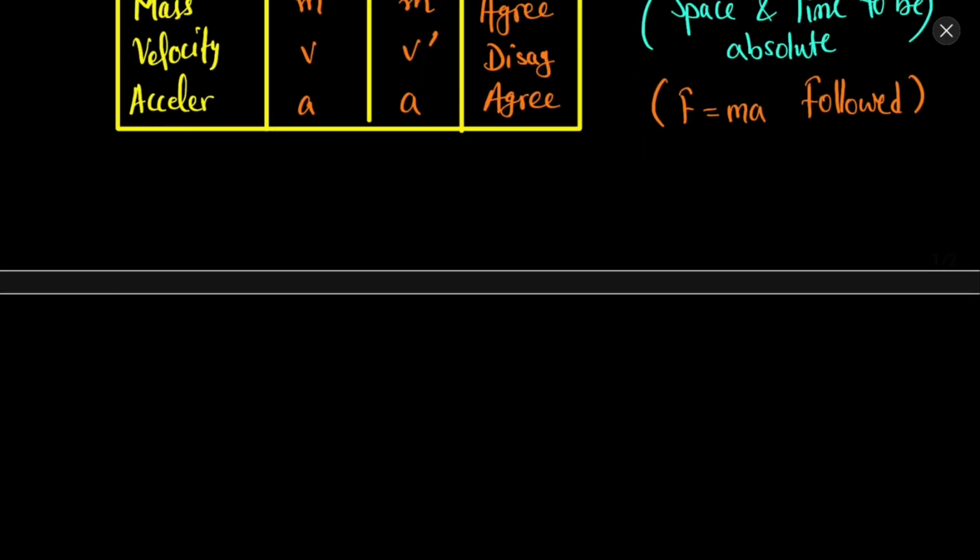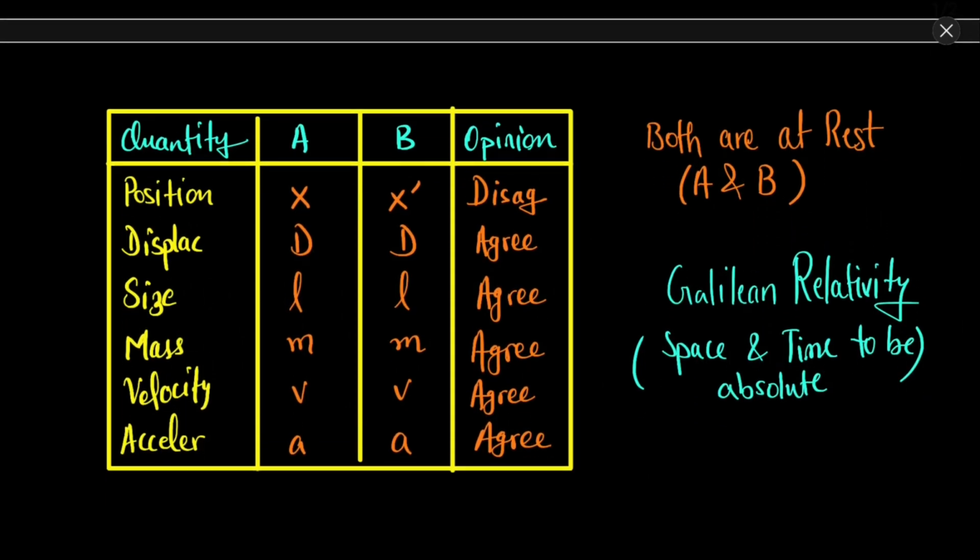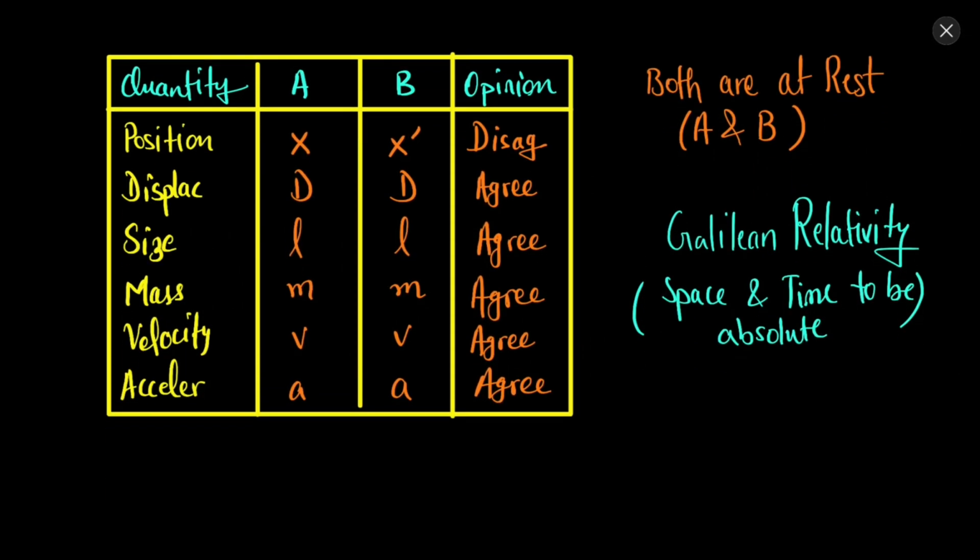So F equal to ma will be followed according to Galilean transformation when space and time are considered to be absolute. But what Einstein observed through his theory was something different. According to Einstein, space and time are not absolute.